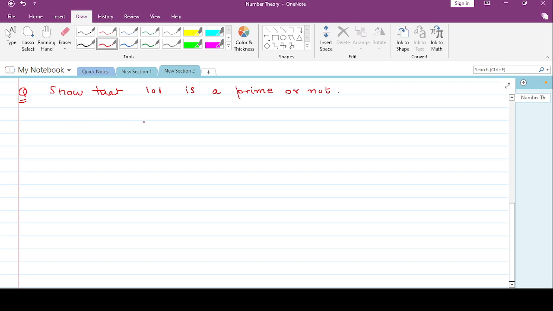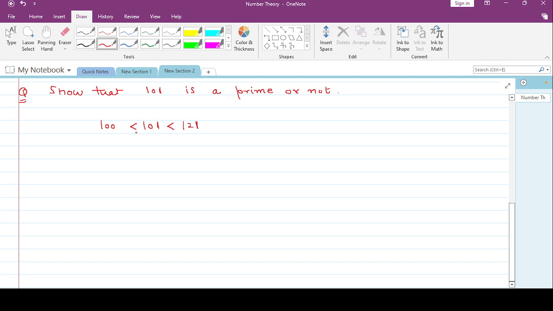So you see that the square root of, sorry, 101. We are given this number. Now you find two numbers which are perfect squares. The first number is 100, and after 100 the second perfect square is 121.